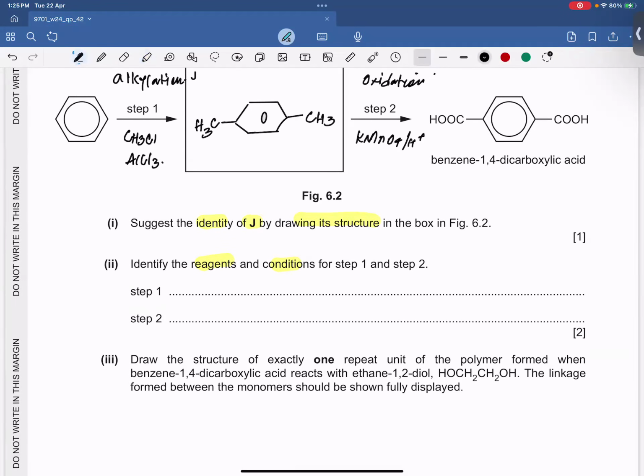I've done that. Step 1 is simple. CH3Cl is the reagent. Condition is anhydrous AlCl3, which acts as a catalyst. Step 2 is acidified KMnO4. And obviously I need to heat under reflux.